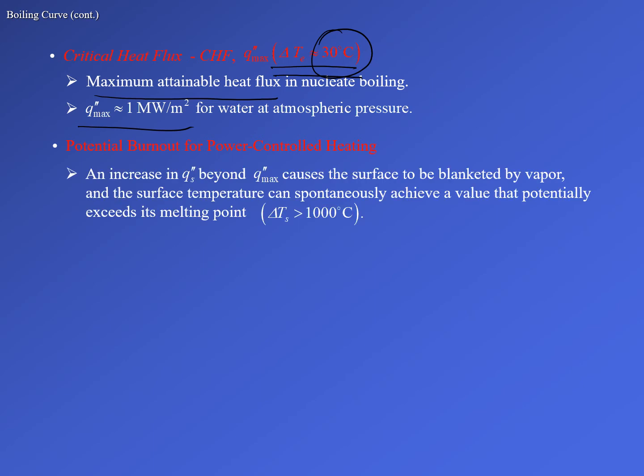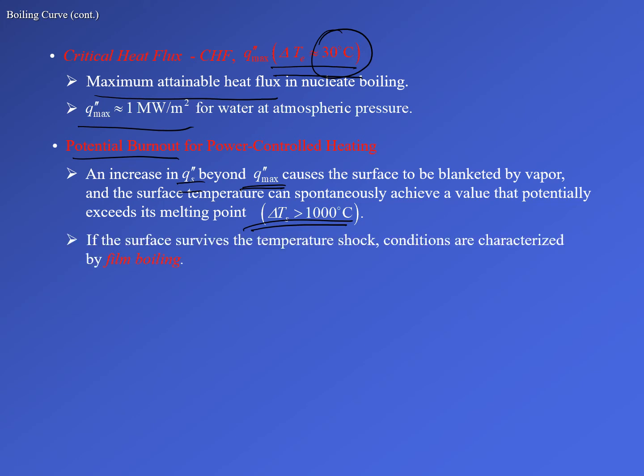But beyond this point, we can have a potential burnout, because there is a sudden increase in the excess temperature as you go beyond Q double prime max, that is, the critical heat flux point. And this is because, as we saw, beyond the transition range there is a blanket of vapor above the surface. That blanket of vapor decreases the rate at which energy is lost, and that results in an increase in the surface temperature.